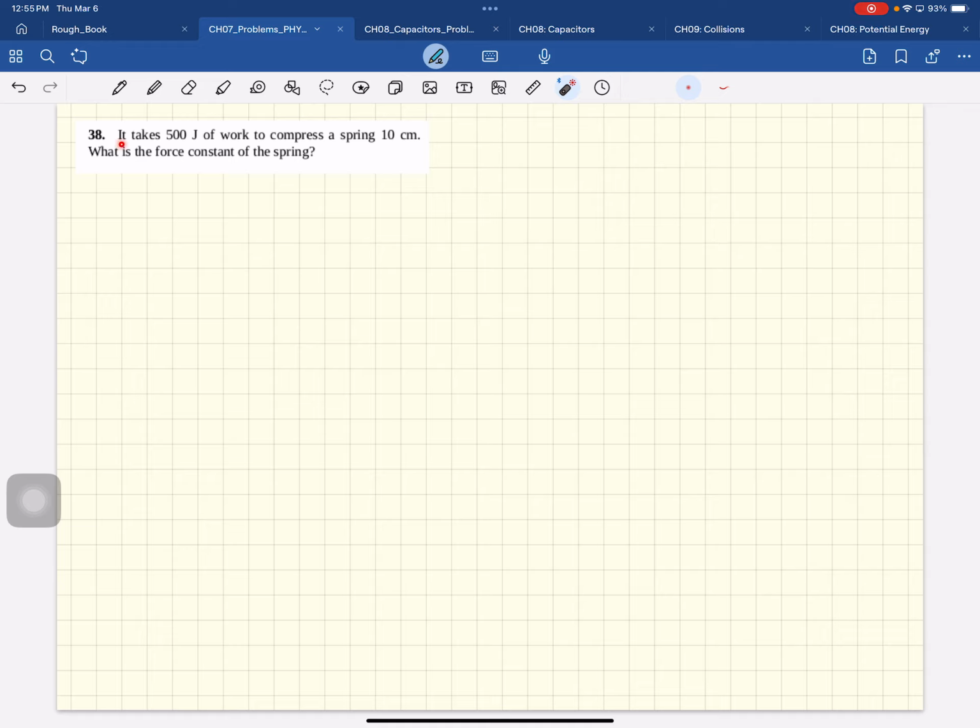So it takes 500 joules of work to compress a spring 10 centimeters. What is the force constant of the spring? So they tell you the work done to compress the spring. Here's a spring.